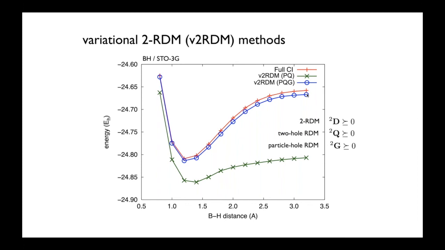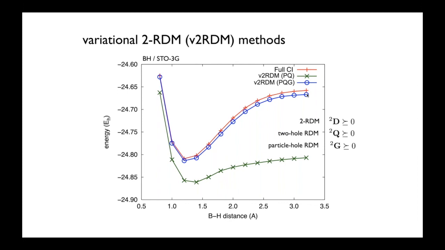RDM methods have exactly the same problem. The only general solution is to apply higher order N-representability conditions, but that isn't guaranteed to give you a qualitatively correct solution. So this is the second major problem that RDM methods have: the dissociation limit for heteronuclear systems.